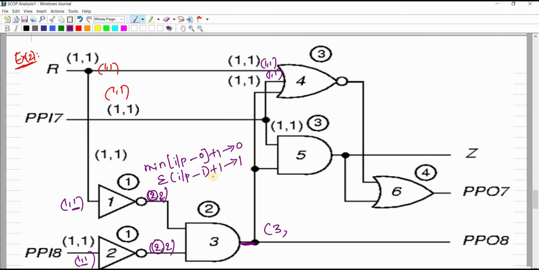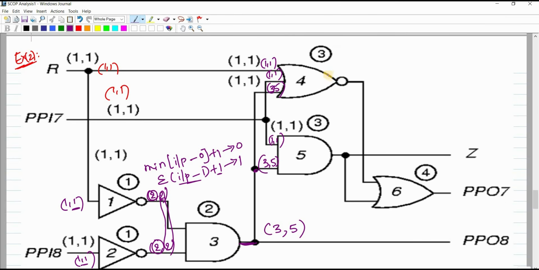Okay. So next one, 1 controllability: sum of input 1 controllabilities, these are the 1 controllabilities. Sum of 2 plus 2, 4. 4 plus 1, 5. Okay. So this is transferring here. That means here it is 3, 5. Here it is 1, 1. Here it is same, this node. Here it is also 3, 5.